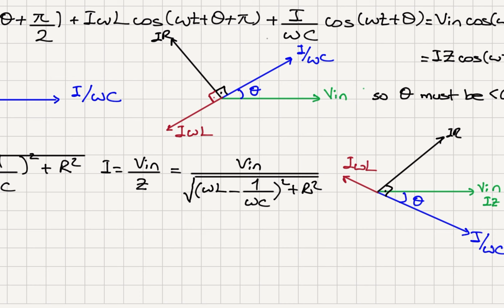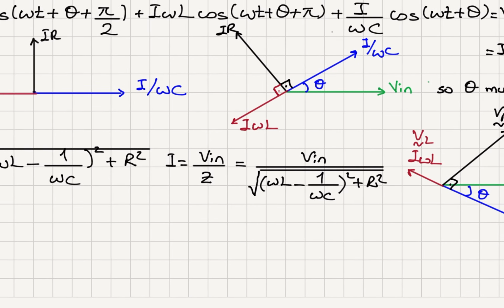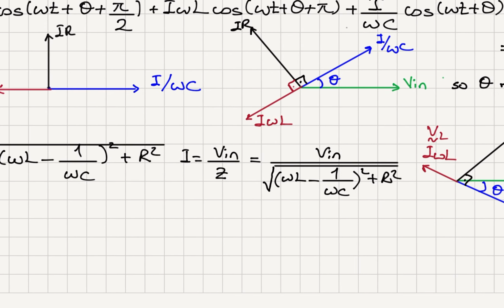So let me note here that this is the inductor voltage phasor, this is the capacitor phasor, and this is the resistor phasor, and this would be the input voltage phasor. So this is a phasor addition process, as you can see in this diagram. Now that I have found how to write the input current amplitude, I can write the output voltage amplitude.